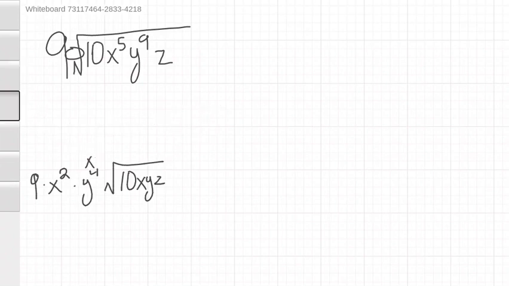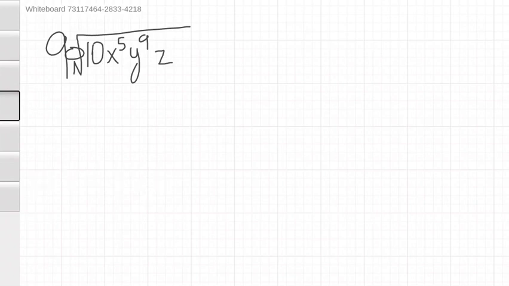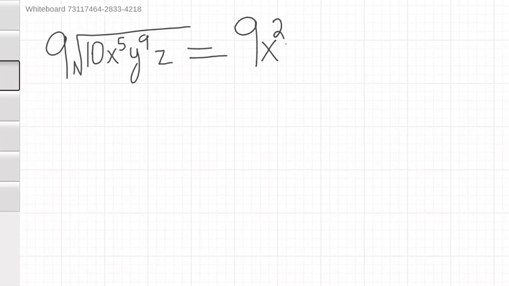So our answer of 9 times the square root of 10x to the 5th y to the 9th z is equal to 9x squared y to the 4th times the square root of 10xyz.